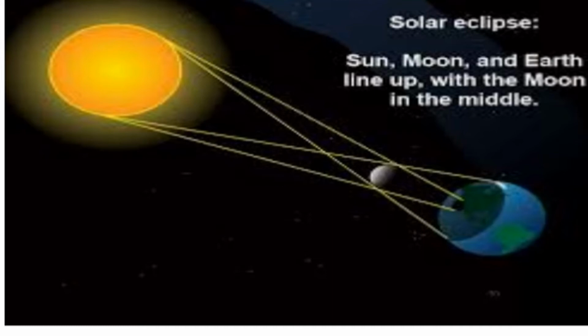Umbra is the dark center of the moon's shadow and gets smaller as it reaches the earth. People in the area of umbra see a total solar eclipse.